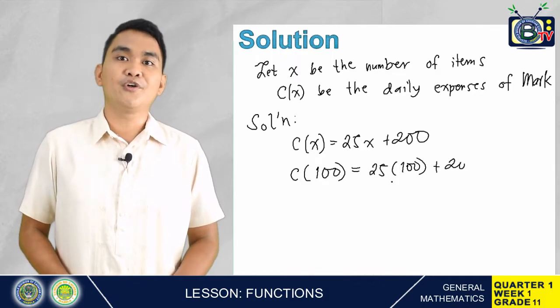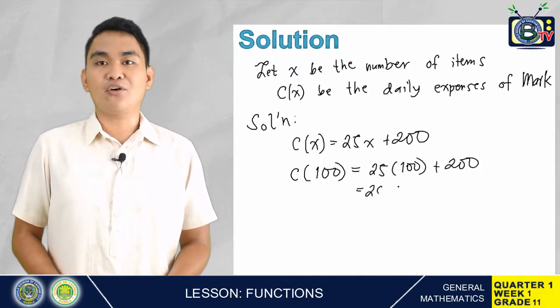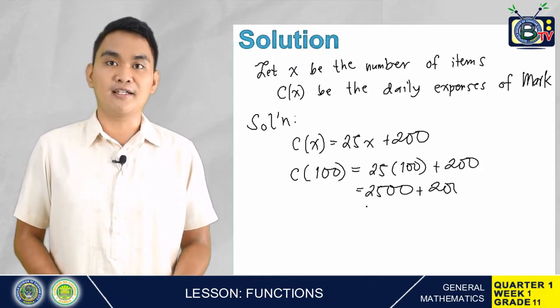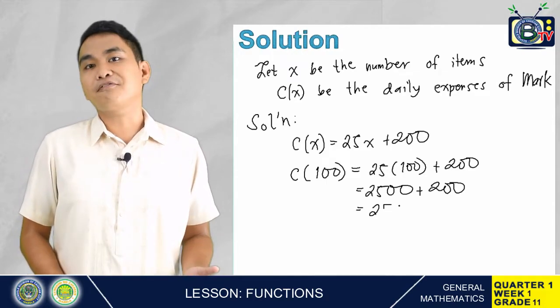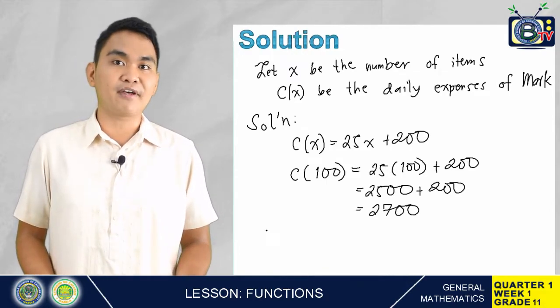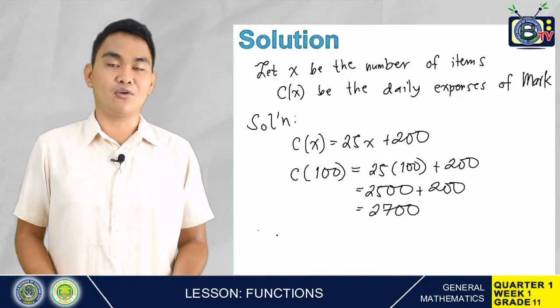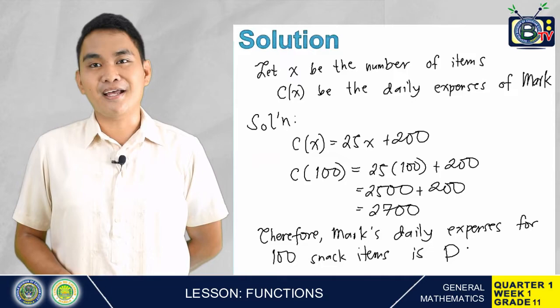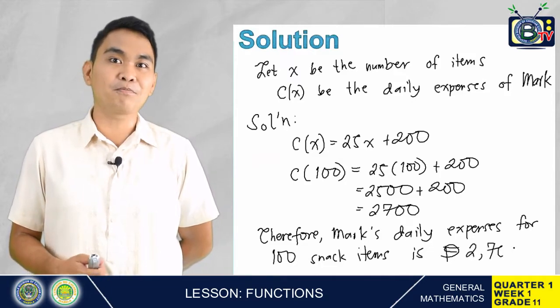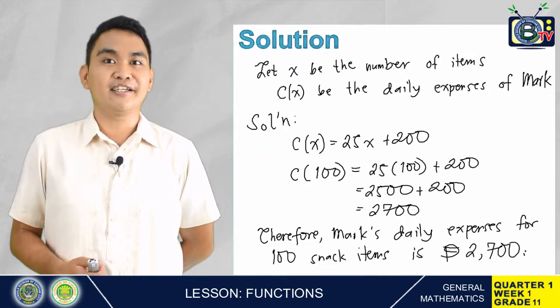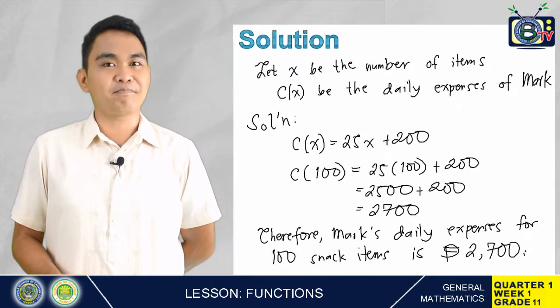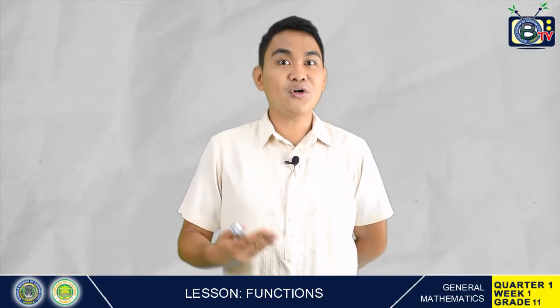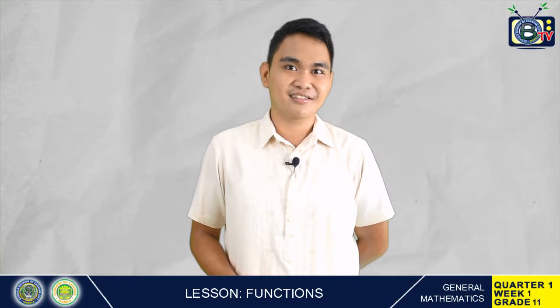Simplifying further, we have c of 100 is equal to 25 times 100 plus 200. 25 times 100 is 2,500 plus 200 is equal to 2,700. Therefore, the daily expenses of Mark if he is going to prepare 100 snacks is 2,700 pesos. Did you arrive with the same answer?